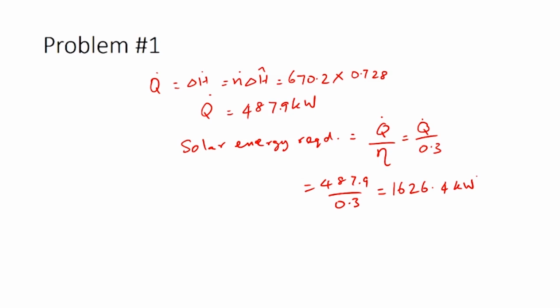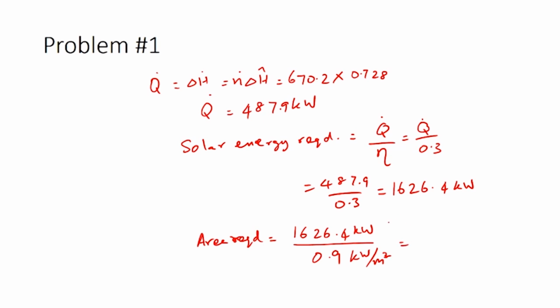We have been told that 1 meter squared can actually provide 900 watts of solar energy. So, which means we can use this total solar energy required to calculate the area of the solar panels required. So, area required would be equal to the amount of solar energy required, which is 1626.4 kilowatts, divided by 0.9 kilowatts per meter squared.